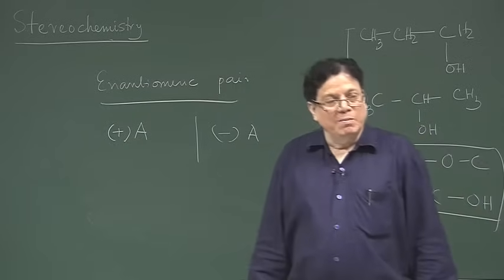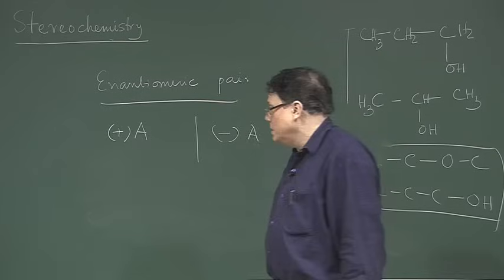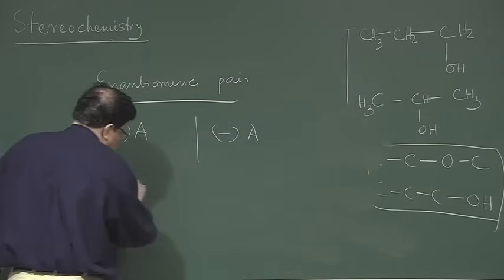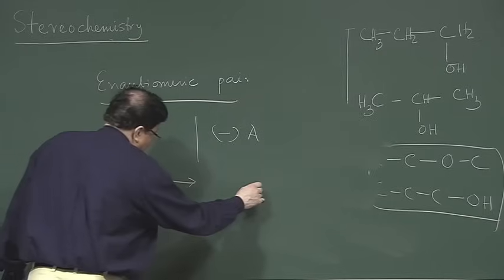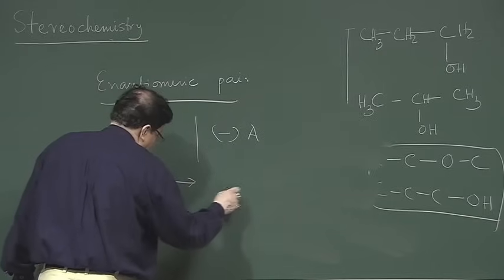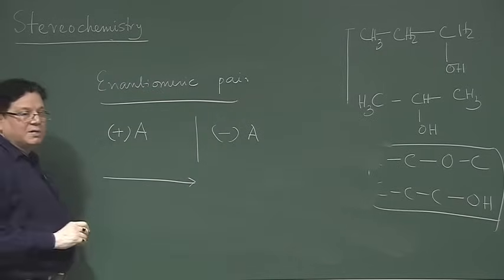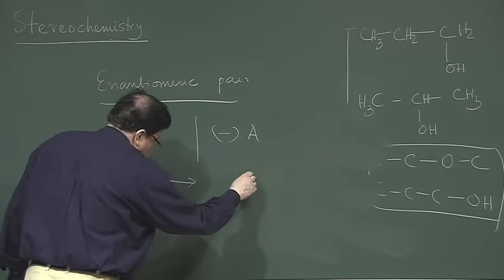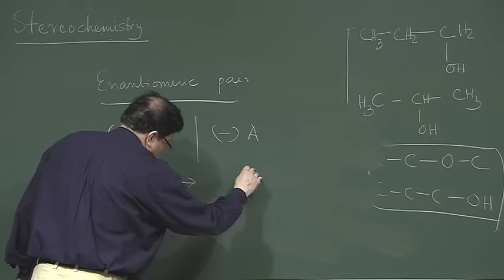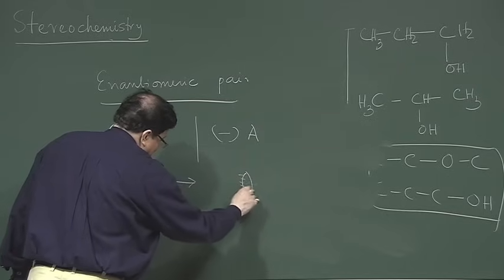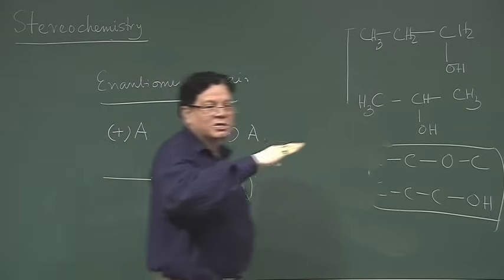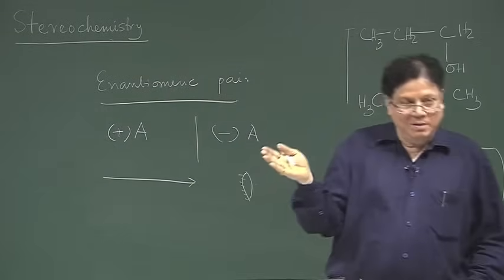One thing one should remember is that when we describe this rotation, we have to view it against the propagation of the light. So, if light moves from here to there, the observer's eye should be here, and then he will see whether it is rotating clockwise or anti-clockwise.